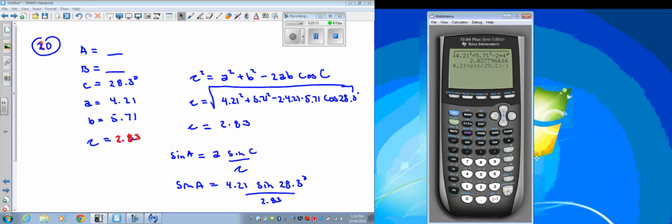And then that is going to be what the sine of A is. And that will have an angle because it's less than 1. So now I'm ready to go second sine inverse of that number. And I have 44, and I probably have to go 44.9.